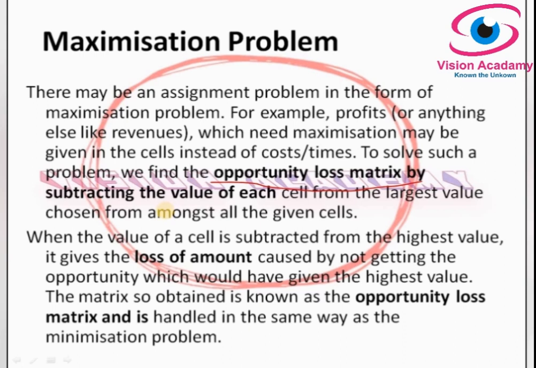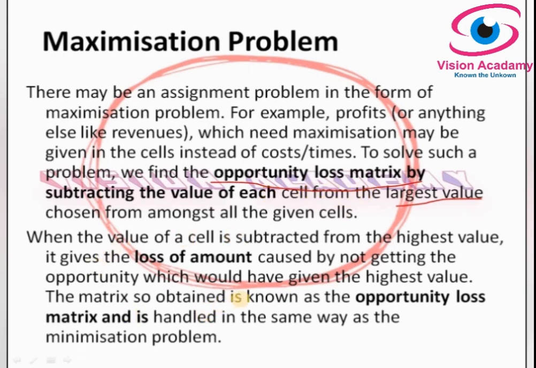So in the cost matrix, you should identify the largest value, and from that largest value you will be subtracting all other values in the cost matrix. That's very simple.